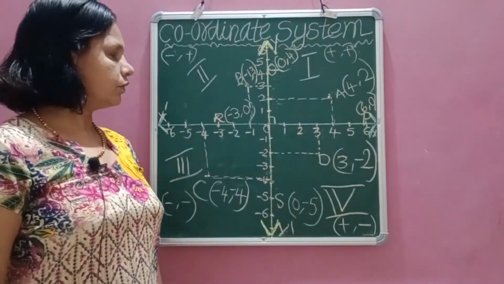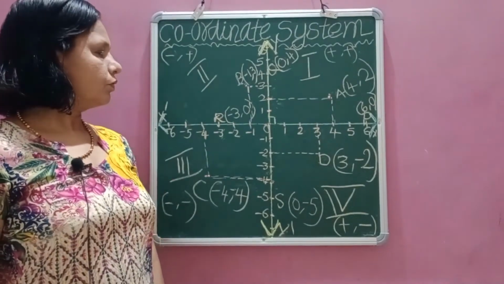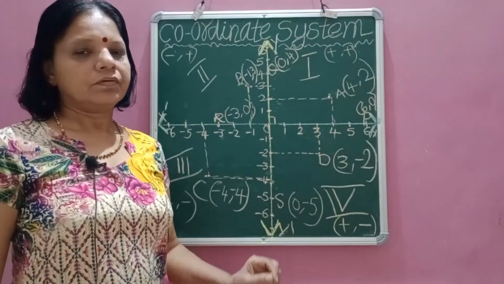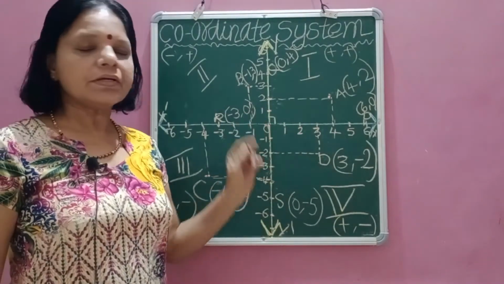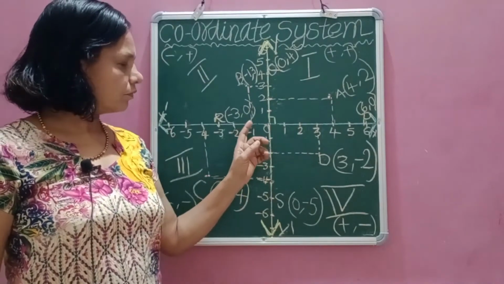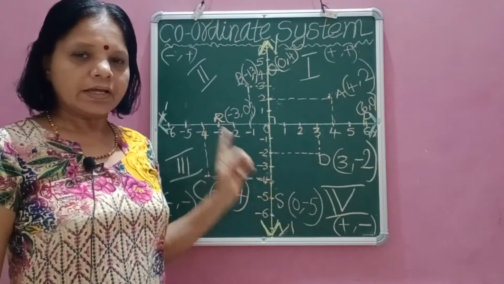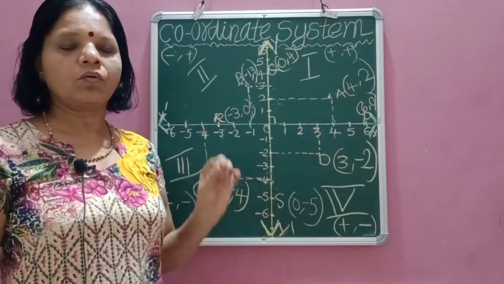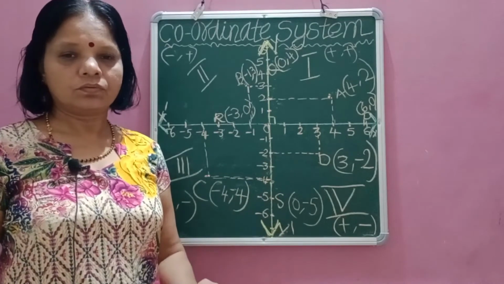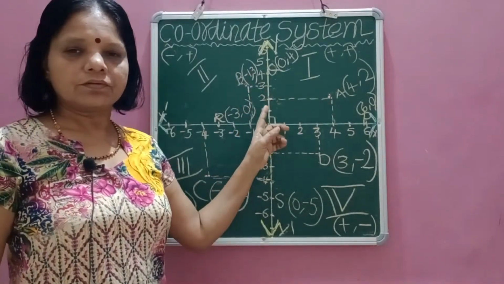Look at the figure. You can see two number lines perpendicular to each other. Perpendicular to each other means at 90 degrees, intersecting at the origin. What is the origin of the number line? 0. So what is the condition?